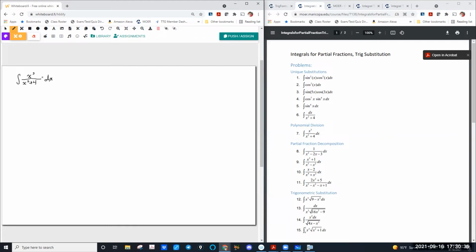So with polynomial division, remember the way a fraction works. Basically, this is the same as saying x cubed divided by x squared plus 4. So we're basically taking x cubed and dividing it by x squared plus 4. And basically what you do with polynomial division, you take whatever you need to multiply this term by to get this one to cancel out.